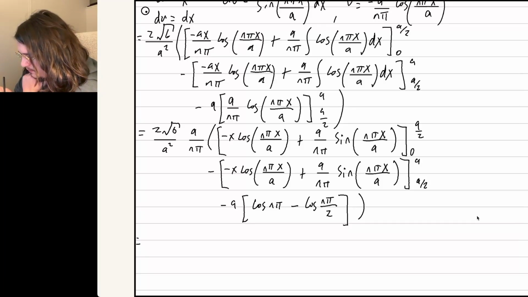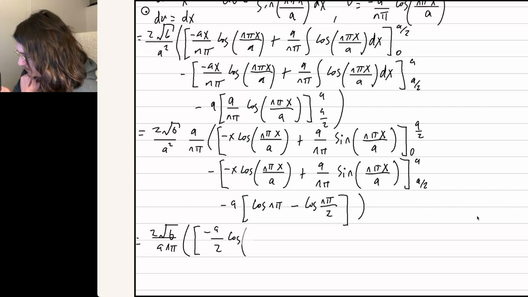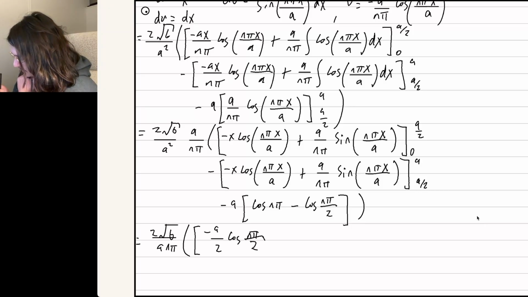Simplifying the prefactor out front to 2 root 6 over a n pi, and then plugging in the bounds for both of these guys. So the first one is going to have minus a over 2 cosine n pi over 2. Right? And then plus a over n pi sine n pi over 2.